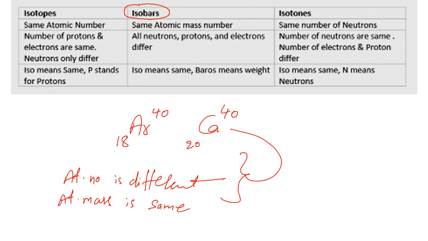Those are known as isobars. In bar, meaning mass, you have to remember, bar equals mass. Iso means same atomic mass but different atomic number, right?